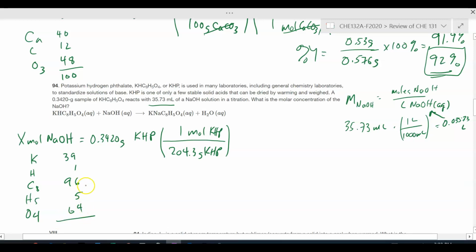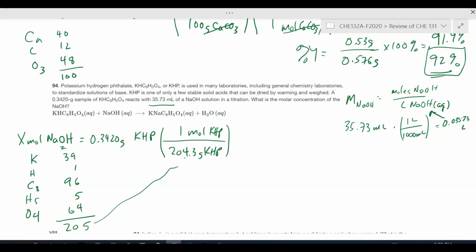So 6 and 4 is 10, 9 and 1 is 10. So I'm going to be carrying my 2, and I have a 5 here. 6 and 9 is 15, so it gives about 205. And so I would assume that if I rounded that off correctly, my 204.3 is pretty close. So I'm going to go with what I remember. But you might have used 205. I don't think I messed any of those up.